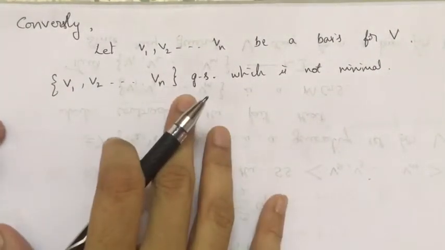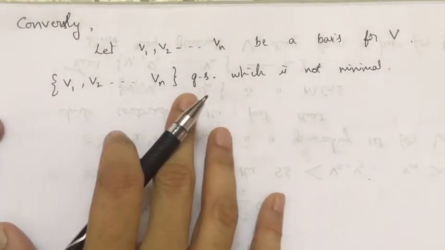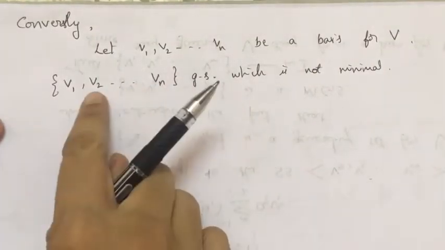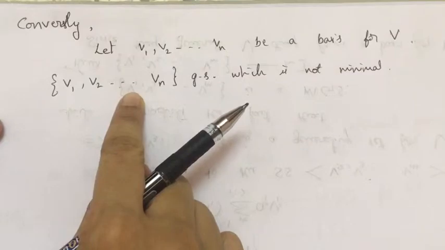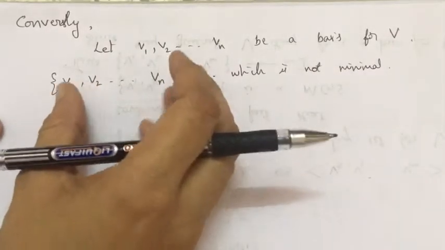Then if I say that it is not a minimal generating set, it implies that there is some vector vi which can be expressed as a linear combination of the remaining vj's in this set.